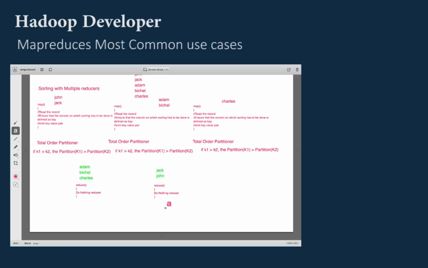And the outcome would be completely sorted in spite of multiple reducers.